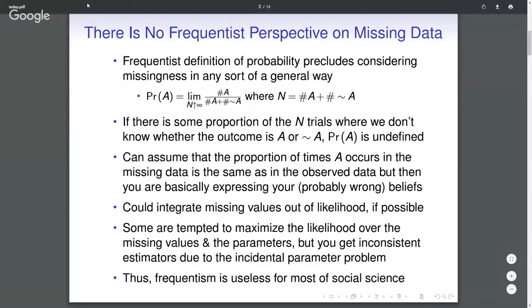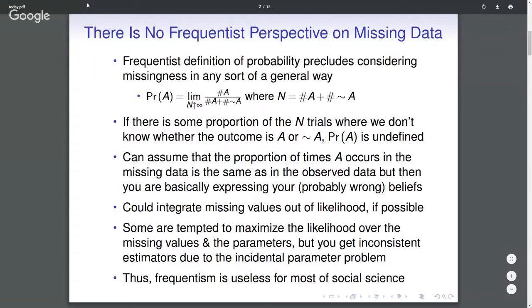So we can write this as the limit as the number of observations goes to infinity. In the numerator, the number of times that A occurs, and in the denominator, the sum of the number of times that A occurs and the number of times that A doesn't occur. That's equal to n.